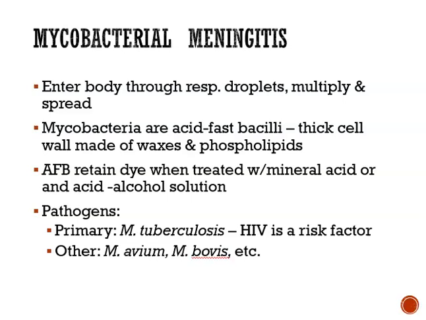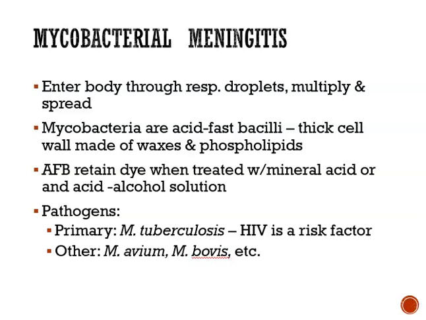Okay, mycobacterial encephalitis. Mycobacteria enter the body through respiratory droplets. They multiply and spread via the blood. Mycobacteria are acid-fast bacilli. They have a very thick cell wall containing waxes and phospholipids. Acid-fast bacteria retain dye when they're treated with mineral acid or acid alcohol solution.